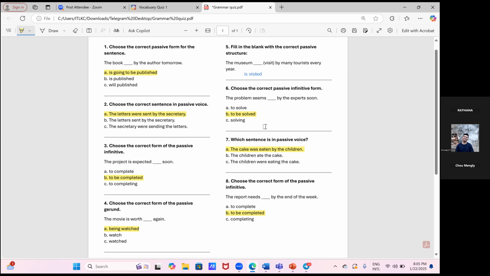Cake is the object and children is the subject. So how about number 5? I think it's okay. Every year, to be present.